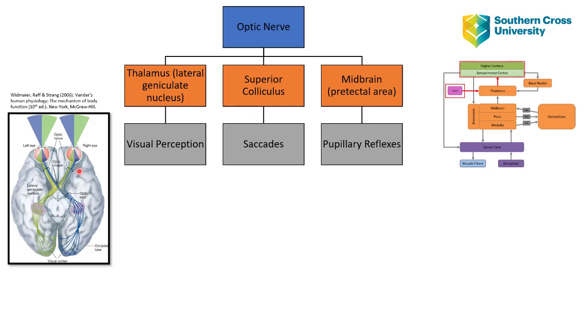But there's a little twist here in the fact that our retinas, one eye doesn't go to one side of the body. What happens is both right sides of the retinas, so the right sides of both the left eye and the right eye, will go to the right side of the brain, so the right visual cortex.